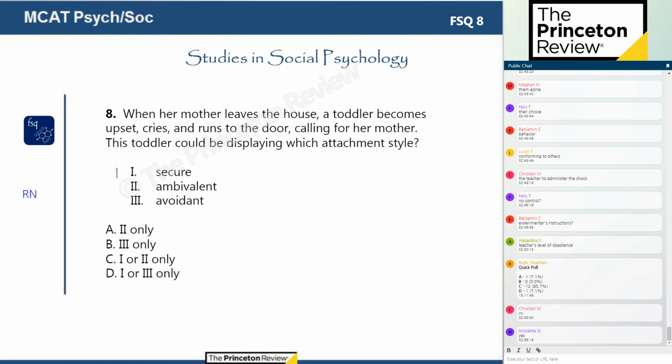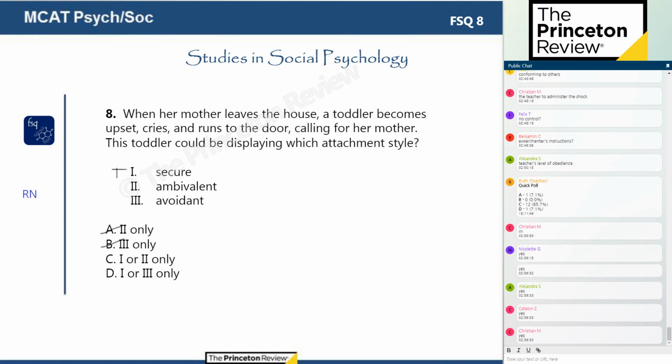Yeah. So we can rule out A and B. Is that something you would expect in ambivalently attached kids? Yes. But not in avoidant, right? So our answer then is C.